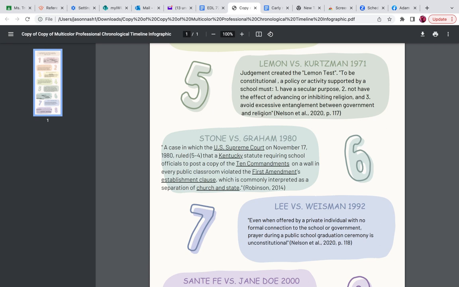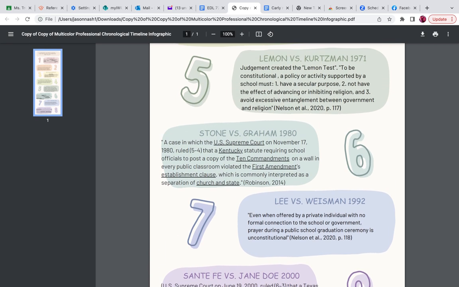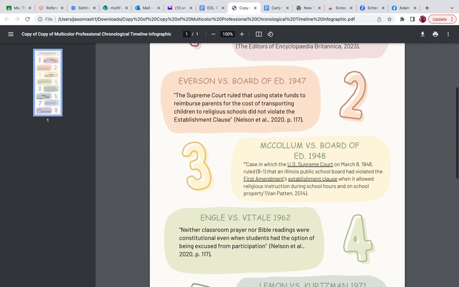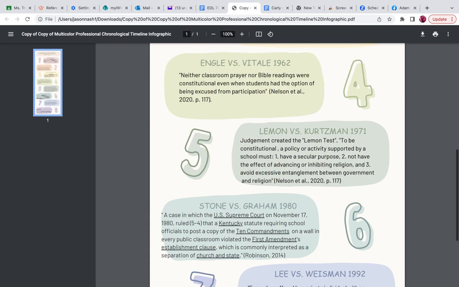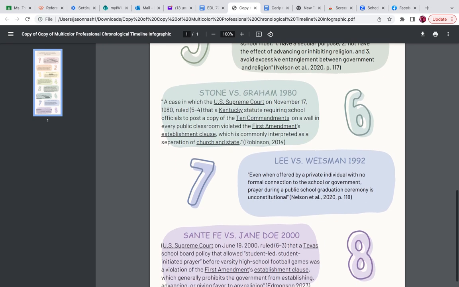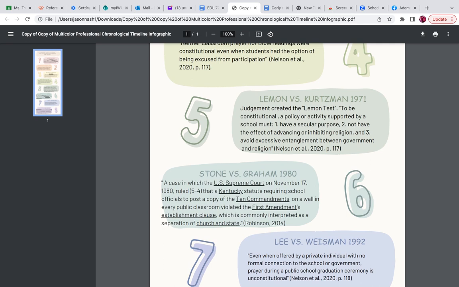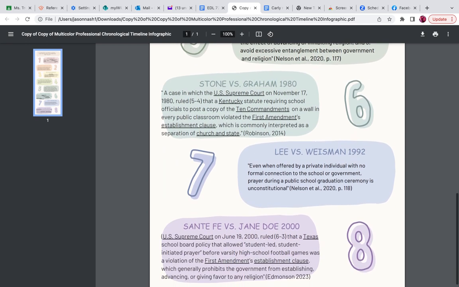To be constitutional, a policy or activity supported by a school would need to have three things: one, have a secular purpose; two, not have the effect of advancing or inhibiting religion; and three, avoid excessive entanglement between government and religion. Lots of information in that Lemon decision there. So again, going back to Everson versus the Board and Lemon versus Kurtzman, really chock full of information. I felt that I could have done a project just on those two alone and still not had enough time to get it all done.